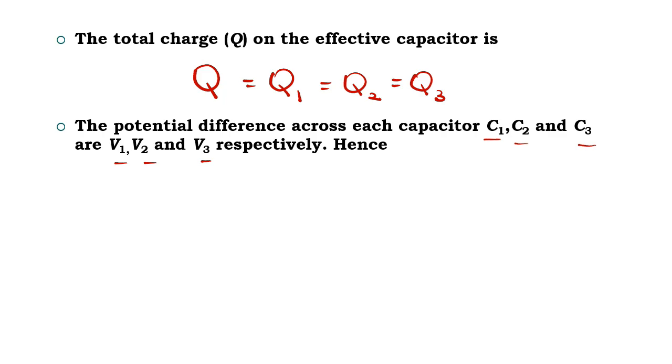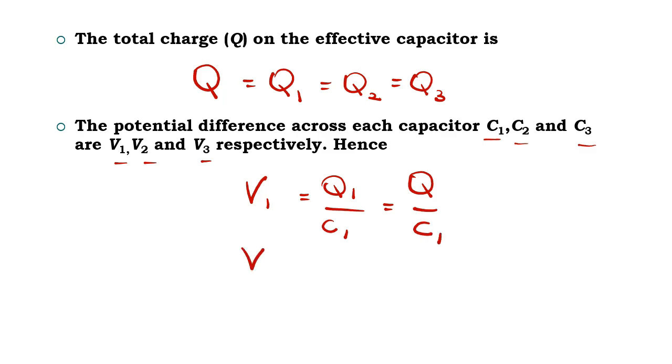We have V1 equal to Q1 over C1. Since Q1 is the same as Q, we can put it as Q over C1.